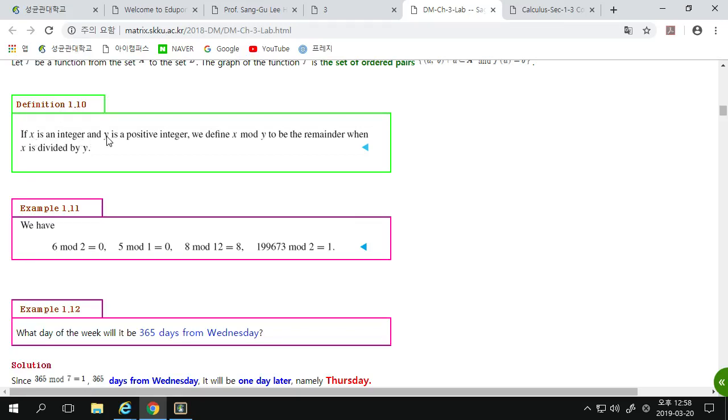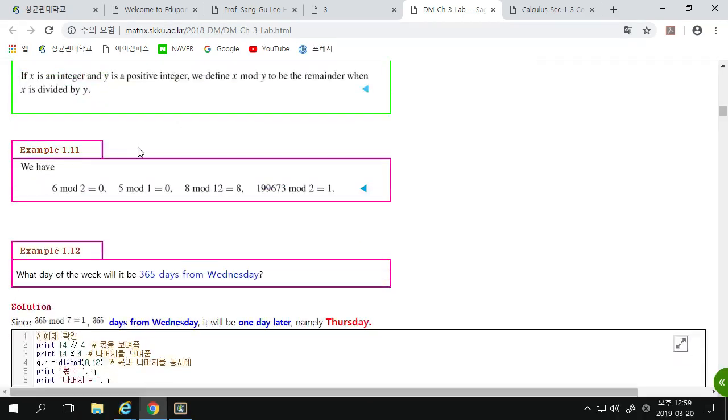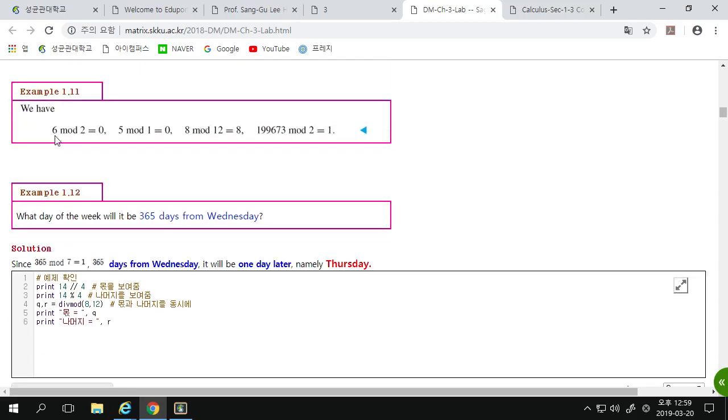If x is an integer and y is a positive integer, then we define x mod y to be the remainder when x is divided by y. This can be a function. Like 6 mod 2, the remainder is 0. 5 mod 1, 5 divided by 1, the remainder is 0.